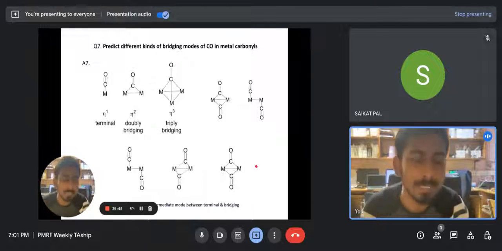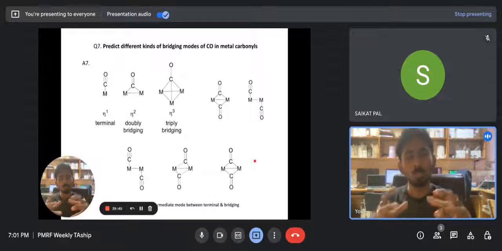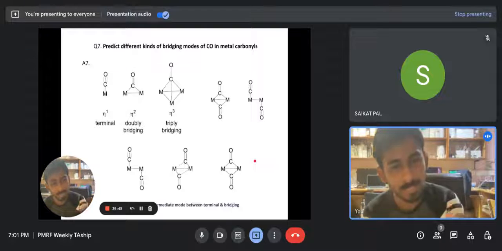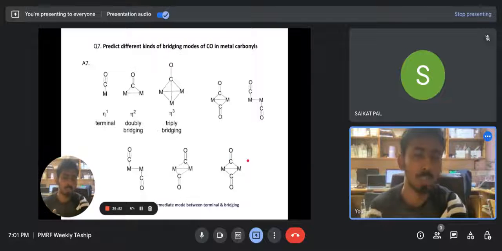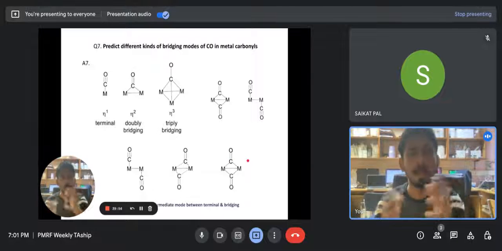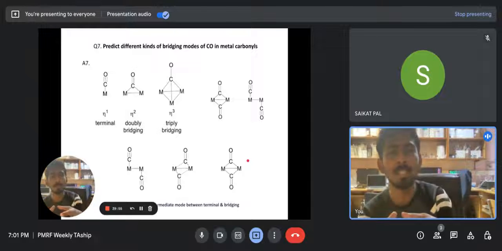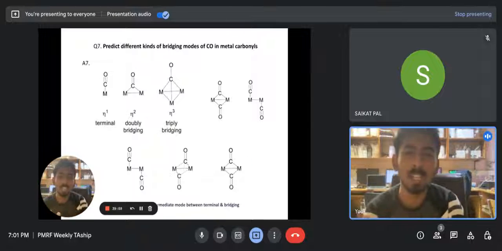But in this case, the two metal centers are bonded to each other by a single sigma bond, and also by this eta 2 bridging. So there can be several such modes of binding of CO in metal carbonyl compounds. They can be terminal, or they can be doubly or triply bridging.